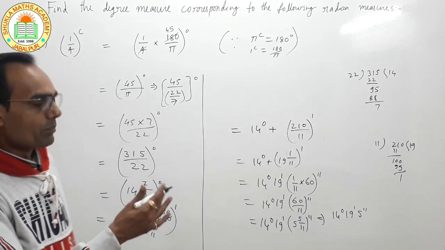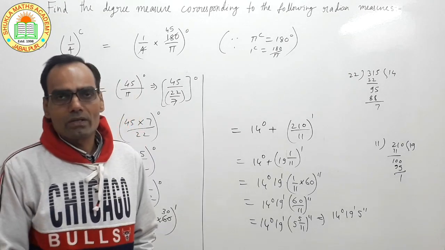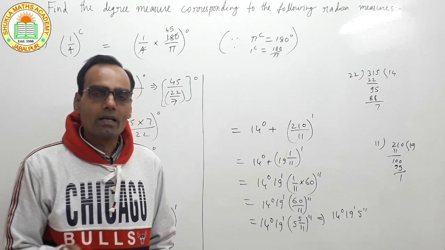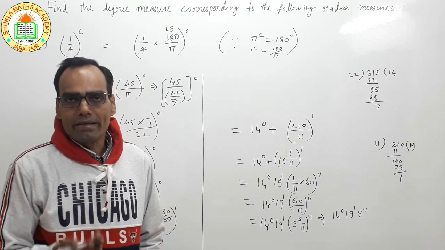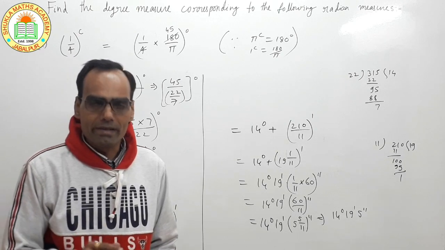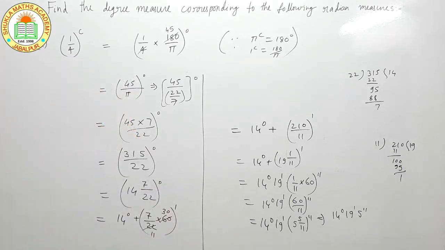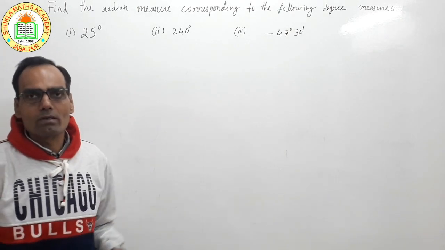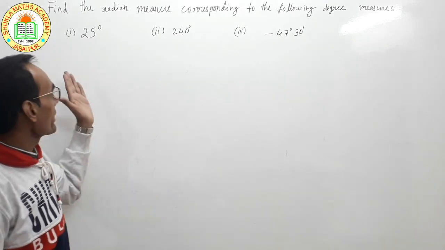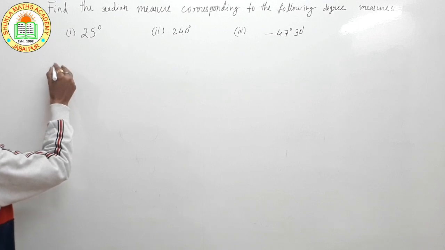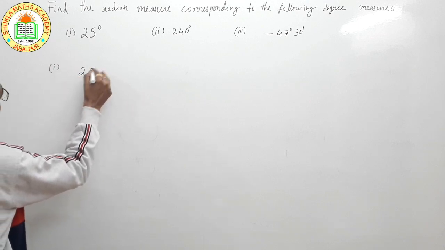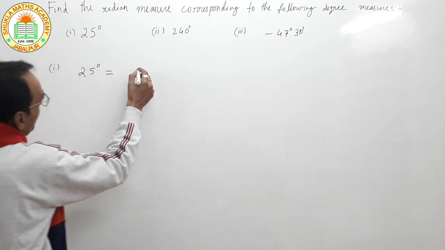So these are the examples of conversion from radian to degree, and after that we will see how we can convert the angle from degree to radian. Now I am taking the next question, the conversion of degree measure to radian measure. So the first one is 25 degree.